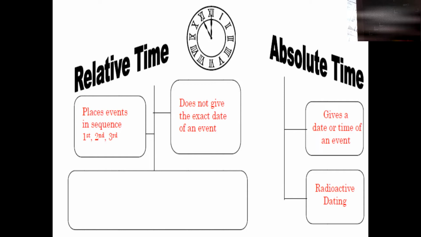Most people have not, so this will be the first time we talk about it. We're going to spend a whole week talking about radioactive dating. To figure out the relative age of things, we're going to use the law of superposition. Again, we'll spend a whole week talking about the law of superposition.